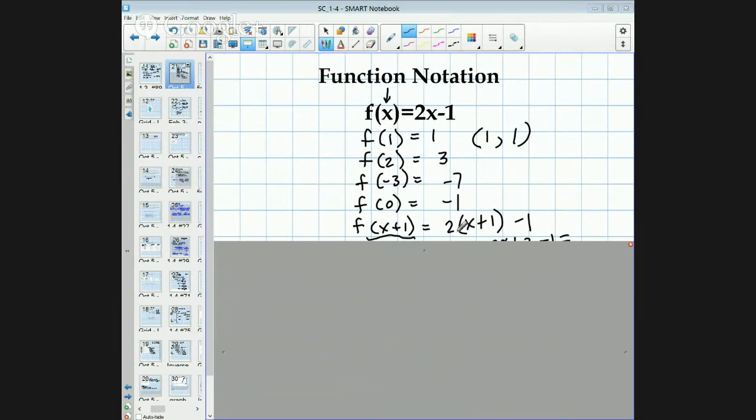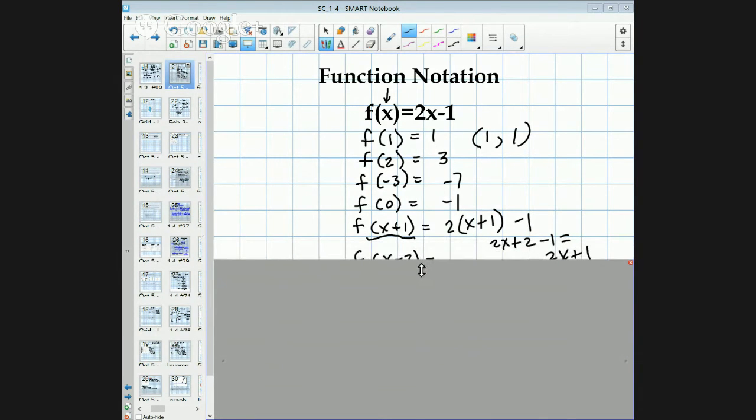So here I go. I'm plugging it in. 2, and in place of x, x plus 1, notice, got to be in parentheses, minus 1. And then you just carry out the arithmetic. Do you see how it ends up being 2x plus 1?